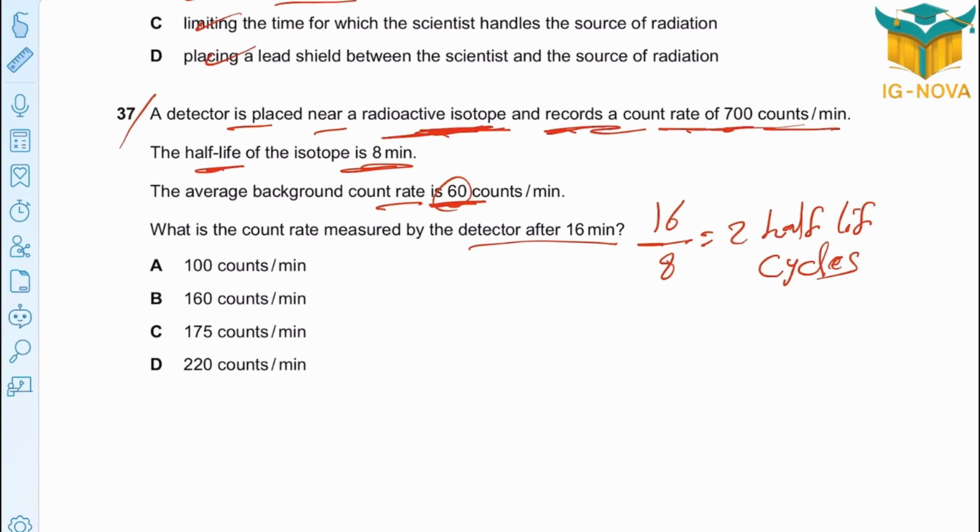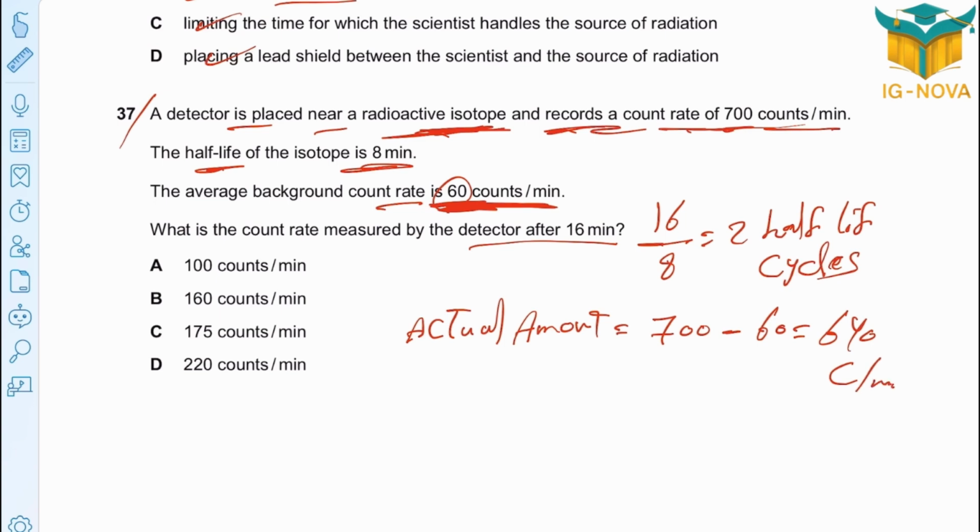Then, what are we going to do with this 60? We told you before, the 60 doesn't change. But to calculate the half-life, I have to subtract it from 700. So the actual amount that will decay is 700 minus 60, which is 640 counts per minute.